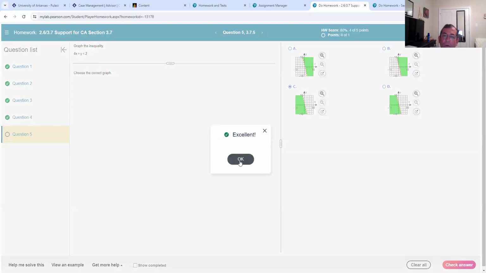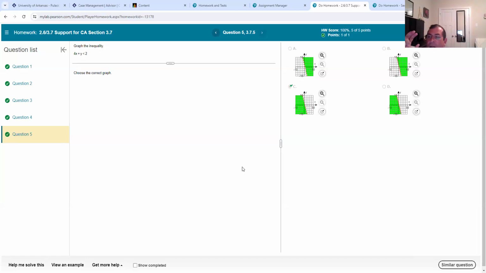So y'all, that's the trick on those: graph that line, make sure it's either solid or dashed, and then choose one that is less than or greater than, okay? So question on those.